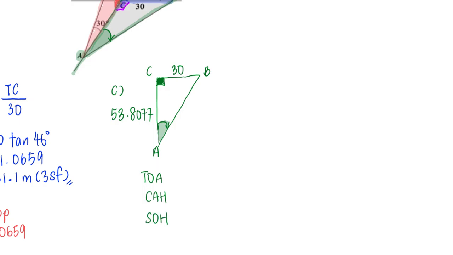With respect to angle BAC, this is my opposite side, this is my adjacent side. O and A, yes, we are going to be using the tangent ratio once again. So the tangent ratio of angle BAC is equal to opposite over adjacent side.